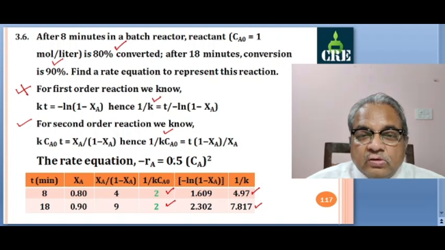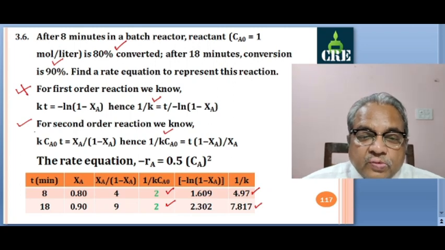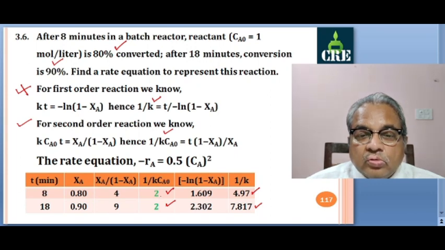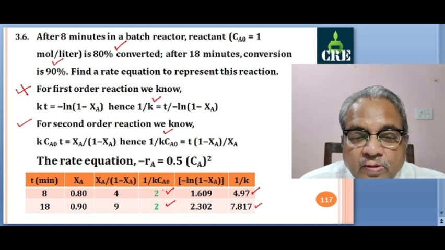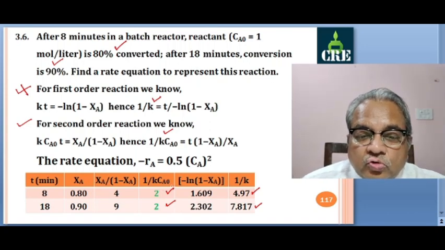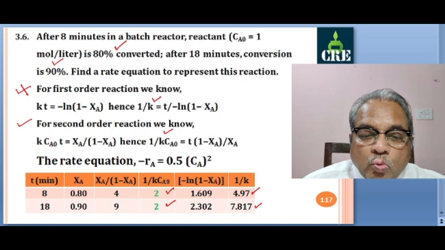That means the second order rate law assumption is valid, and you can write the rate equation as minus Ra is equal to kCA square. 1 upon kCA0 is equal to 2, and CA0 is equal to 1.